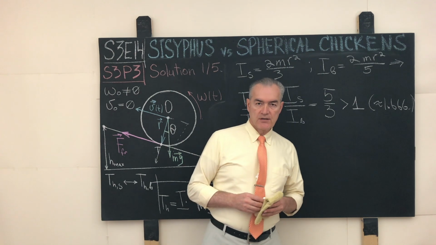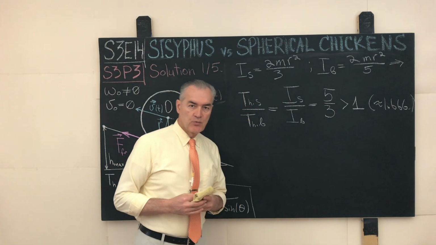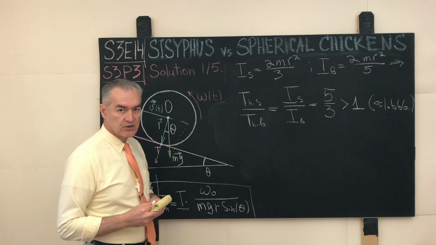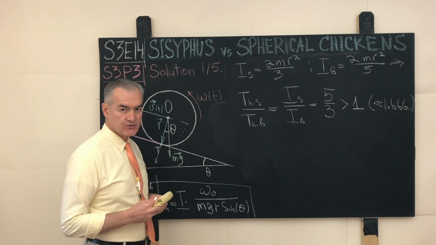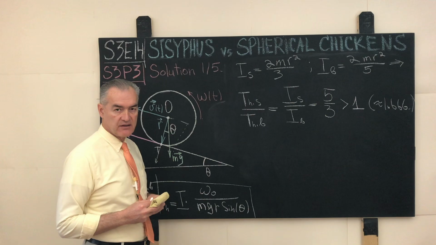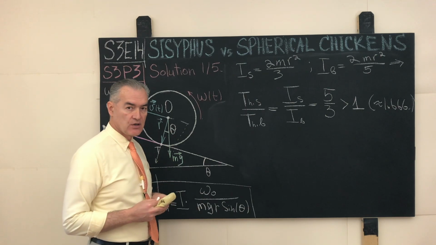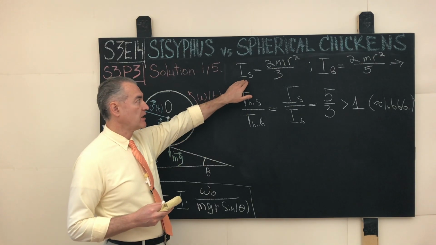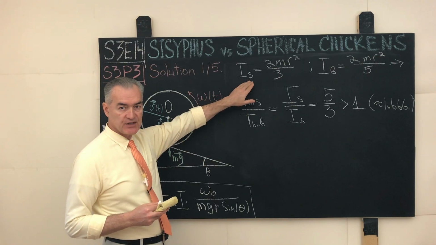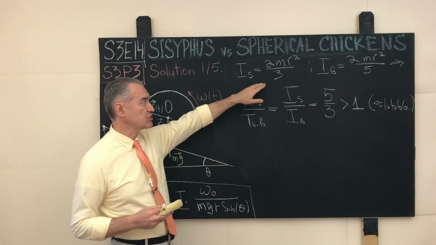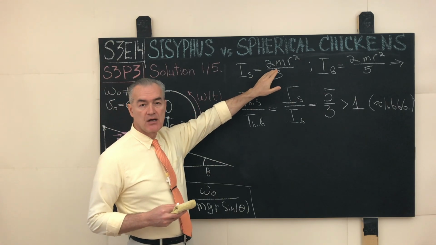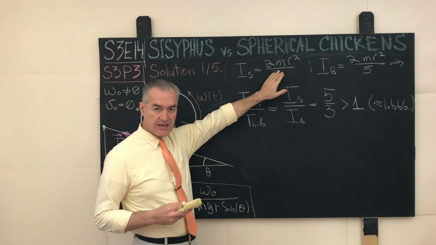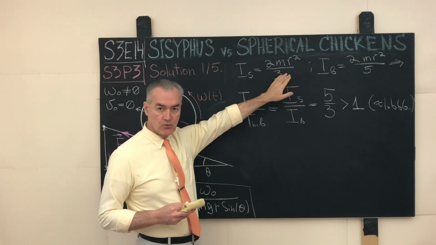As I mentioned at the beginning of this episode, the moment of inertia with respect to its natural axis of symmetry, or a straight line that runs through the center of a sphere or a ball. For a sphere, I_s, where s stands for a sphere, is given by the expression 2/3 times m, the mass of the sphere, times r squared.